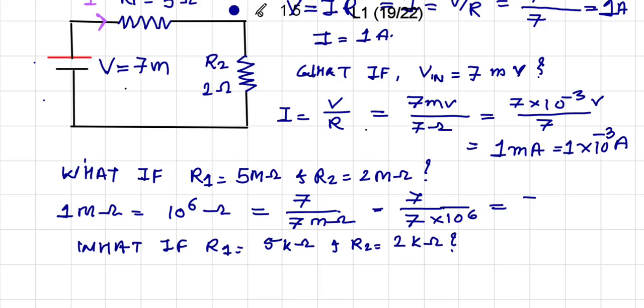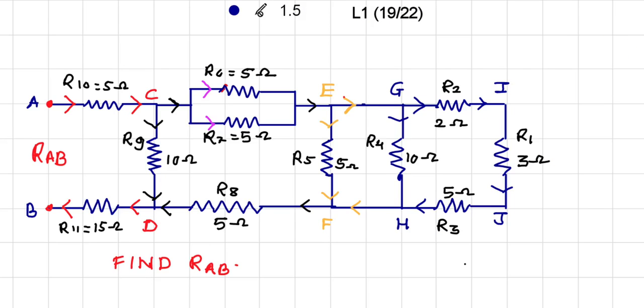So the current will be 7 divided by 7 is equal to 1 into 10 raised to minus 6 amperes, and that is 1 microampere. Okay, so now you should try for this. What if resistance R1 is equal to 5 kilo ohm and R2 is equal to 2 kilo ohm? So try yourself.